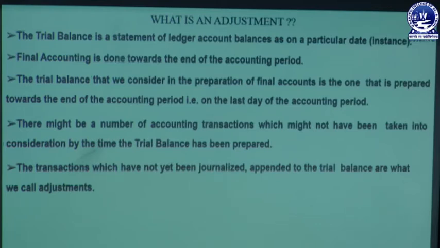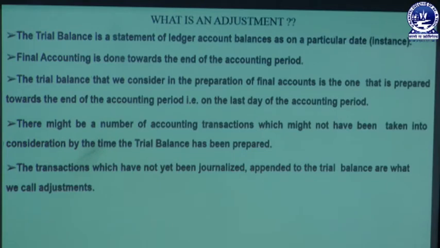But at the time of preparing final accounts, there are some items which were already incurred during that period but we have not taken into consideration, or some items that were not incurred during that period but we have already considered or made the treatment.